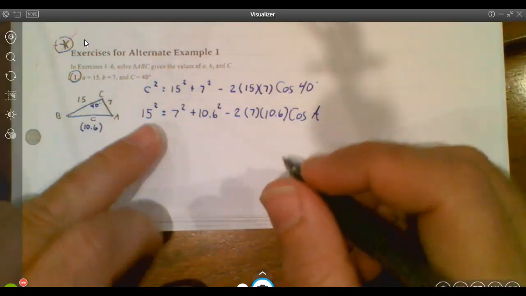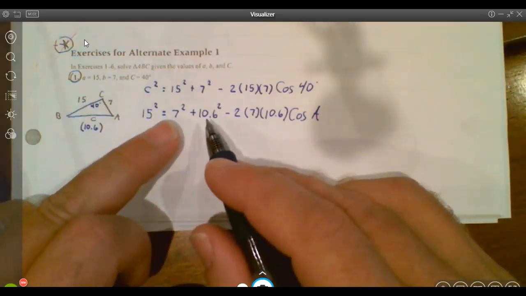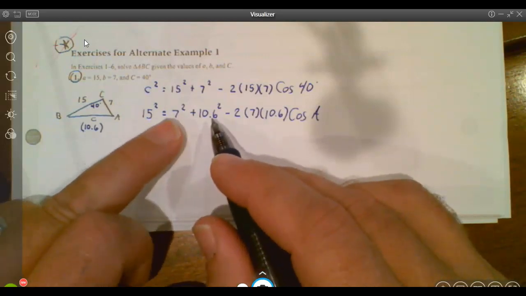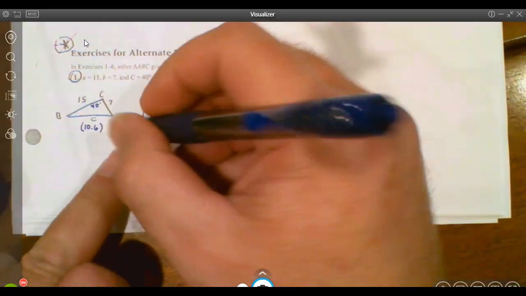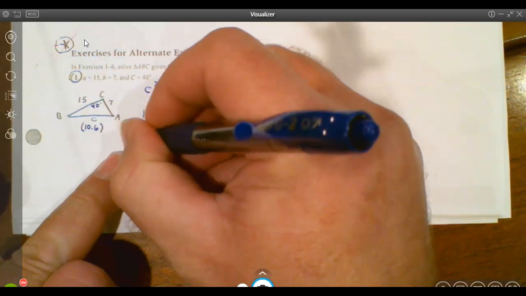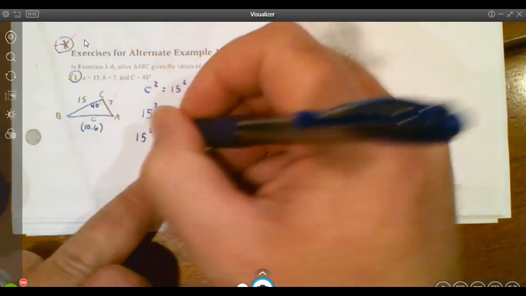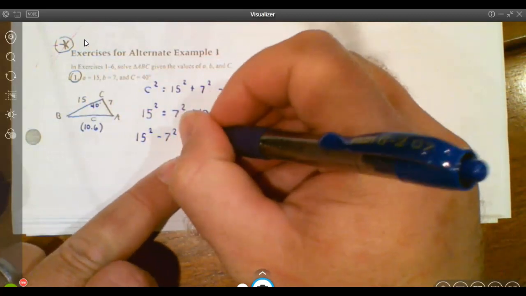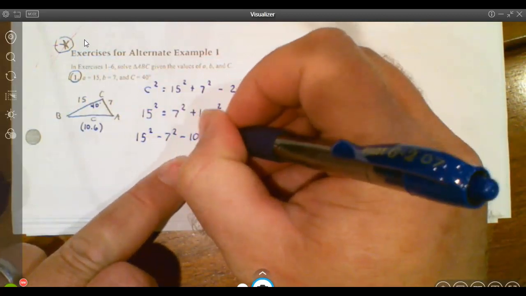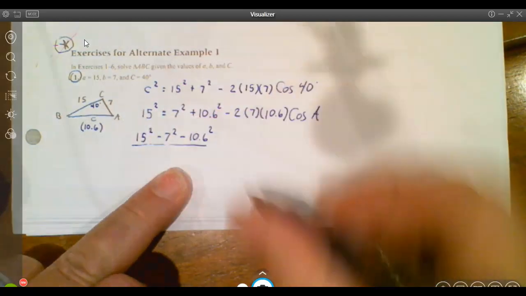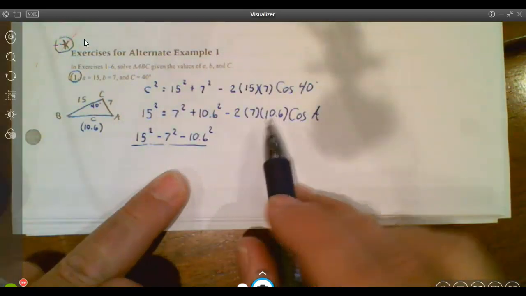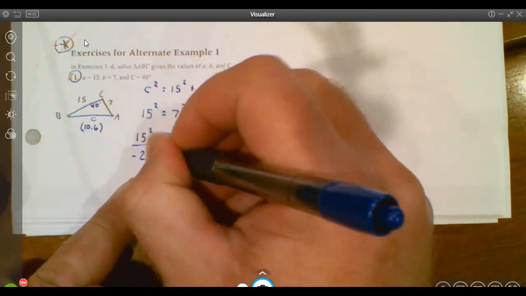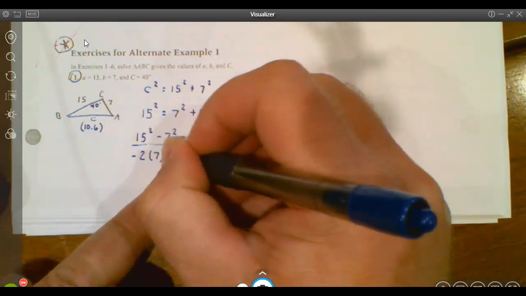Let's rewrite this before we go to the calculator. So in the calculator, just to save myself some algebra here, I'm going to subtract those to the other side. So I'm going to say 15 squared minus 7 squared minus 10.6 squared. And all that is going to get divided by this information, which is the negative 2, 7, 10.6.